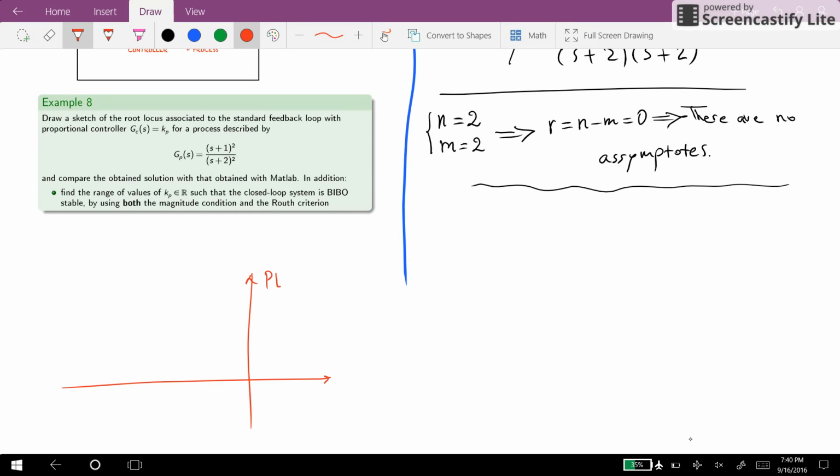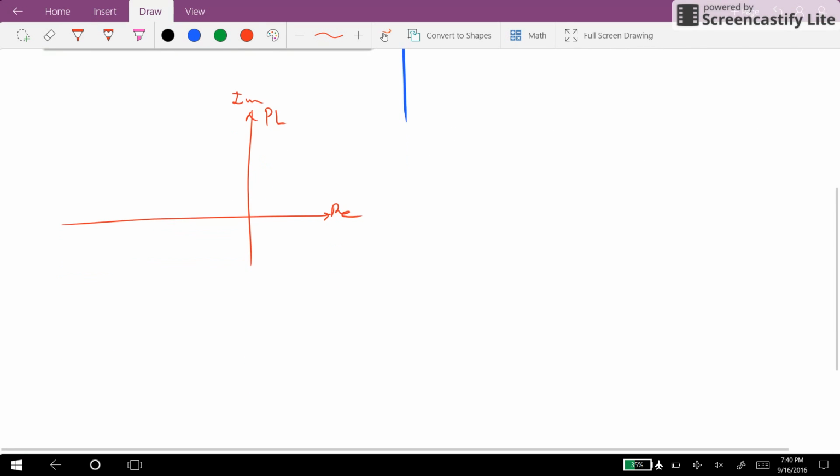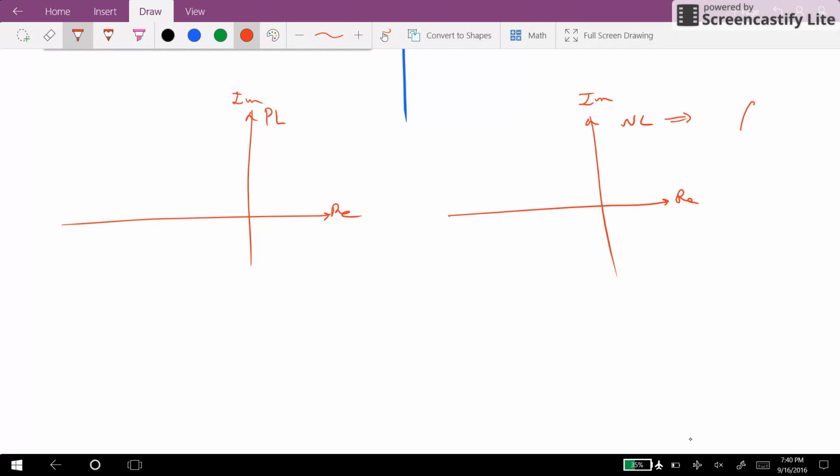This will be our positive locus, real axis, imaginary axis, and this will be our negative locus. And by negative locus, I mean values for rho between 0 and minus infinity. Positive locus, rho is between 0 and plus infinity.